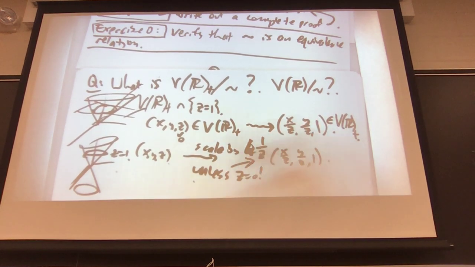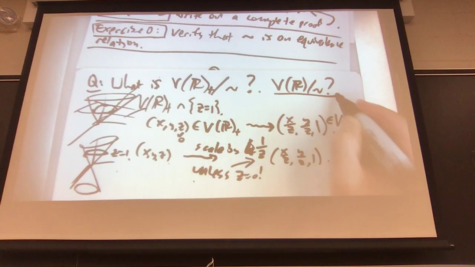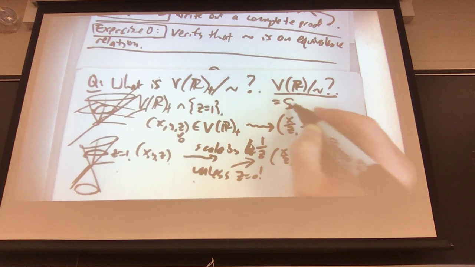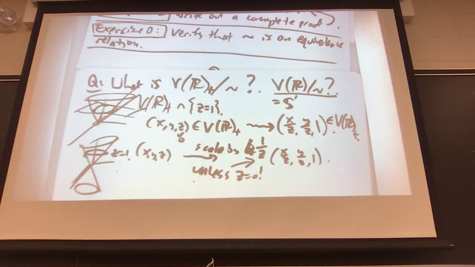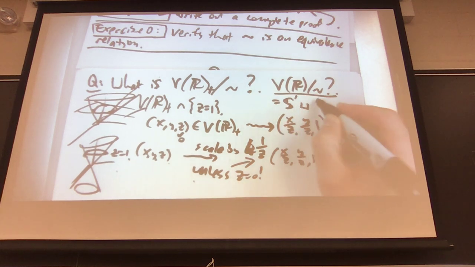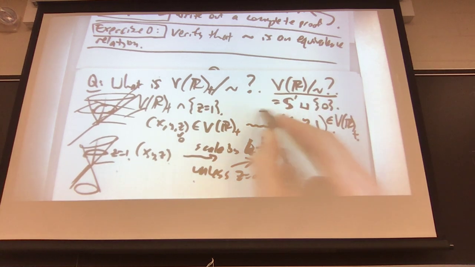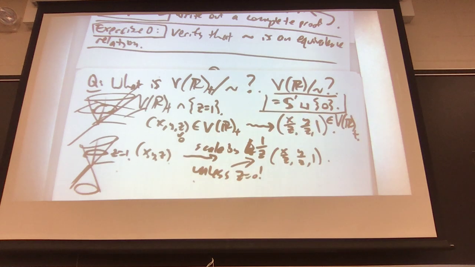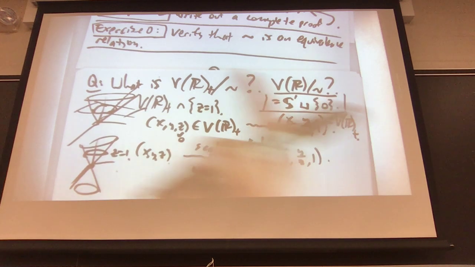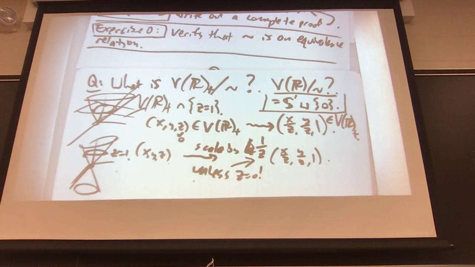So this variety up to equivalence is equal to this same circle at height 1, disjoint union the origin. So there's one extra point on this variety which is not on that variety. That makes it disconnected. Does that make sense? Is everybody with me?